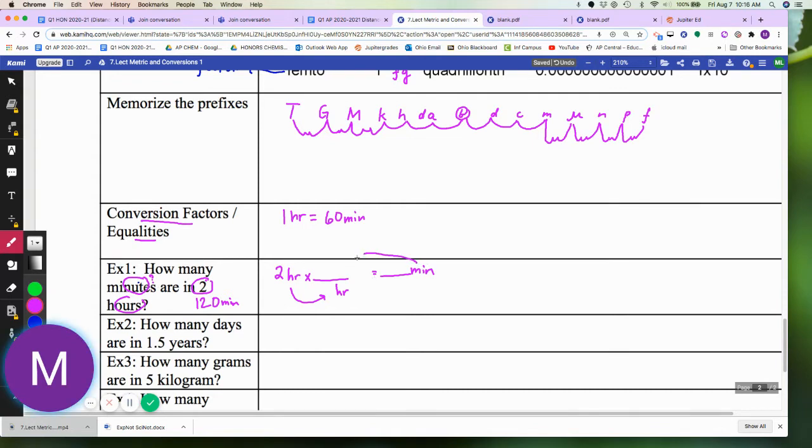Put the desired unit on the top, minutes, 1 hour, put a 1 in front of the bigger unit, there are 60 minutes. Okay, so you cancel the hours. 2 times 60 is 120, and the desired unit is left over, and that's going to be your unit in the end.